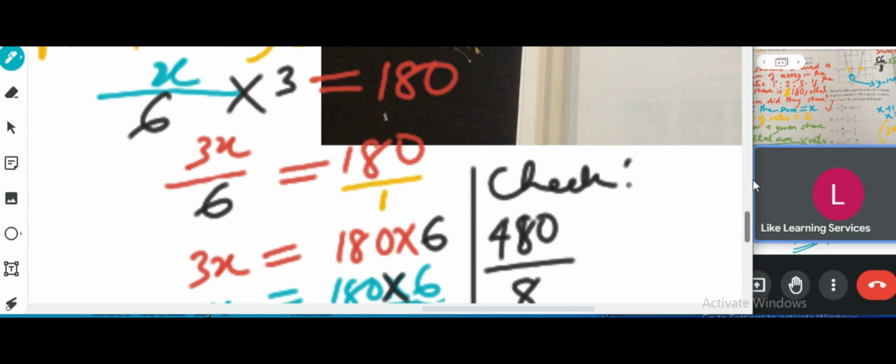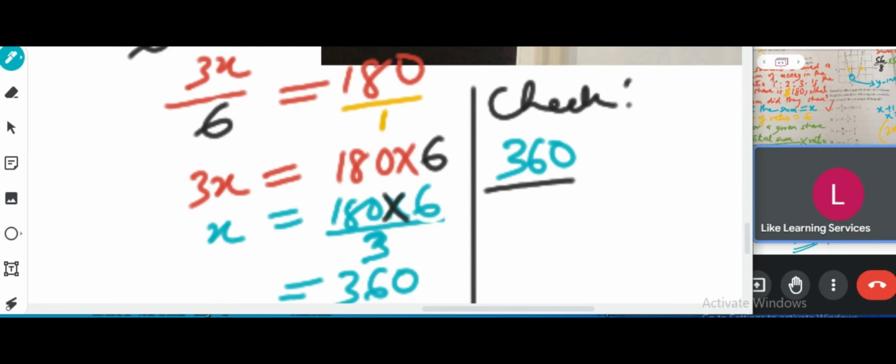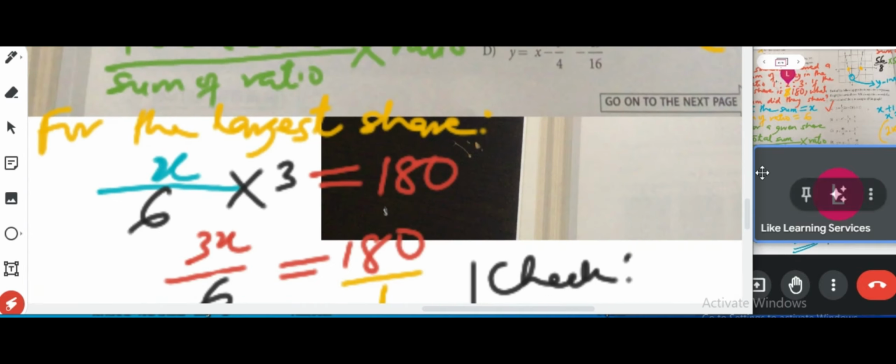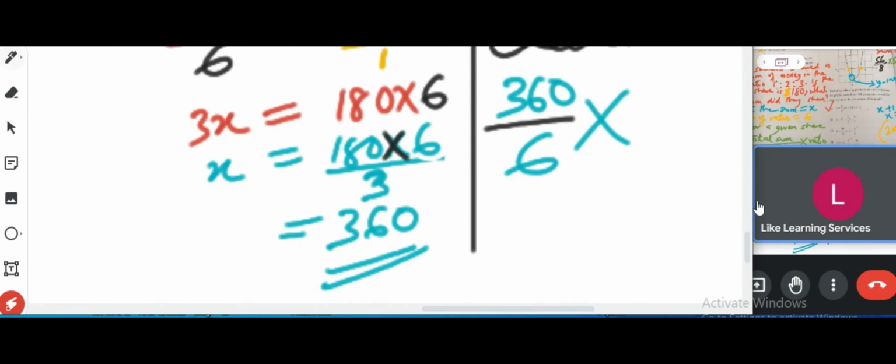Alright, so I was trying to run a very quick check. To get the value for the highest share, I would have done the total they are sharing, 360, divided by the sum of ratios, times that particular ratio for the highest share. That particular ratio is 3, so times 3.